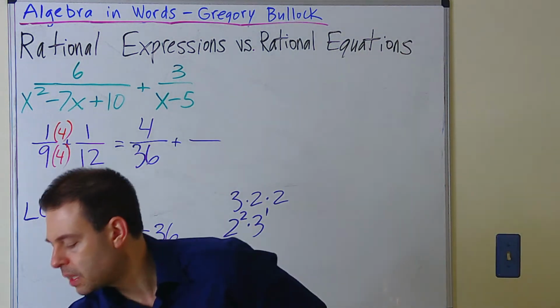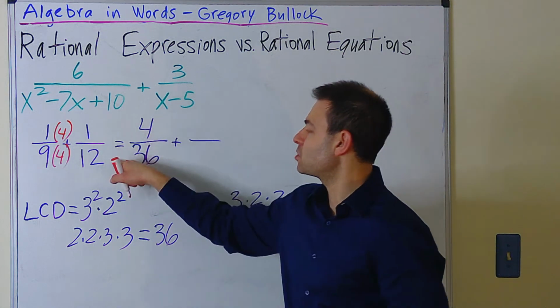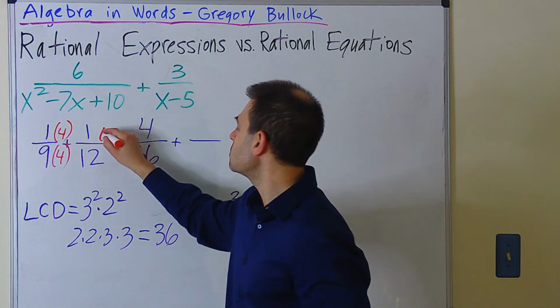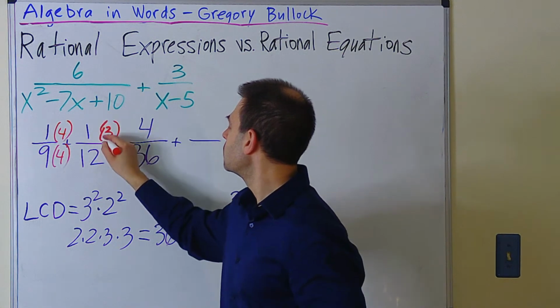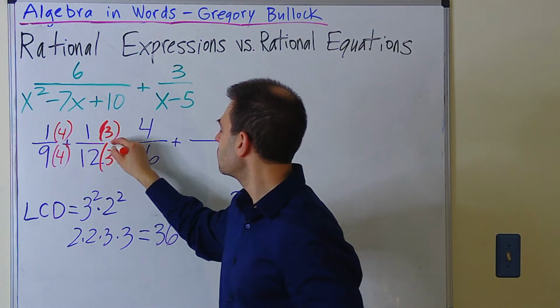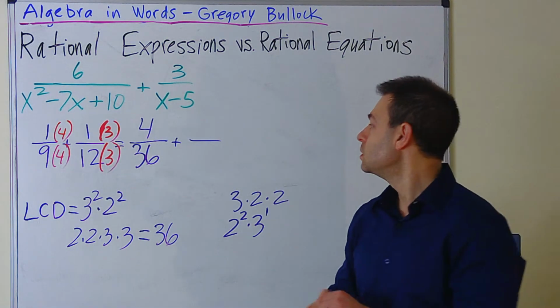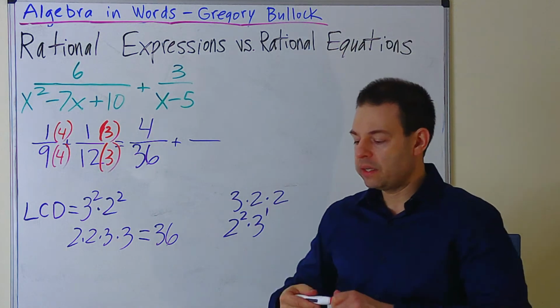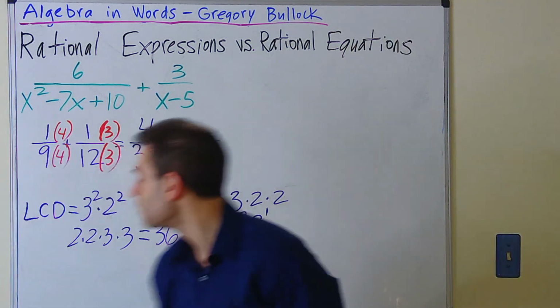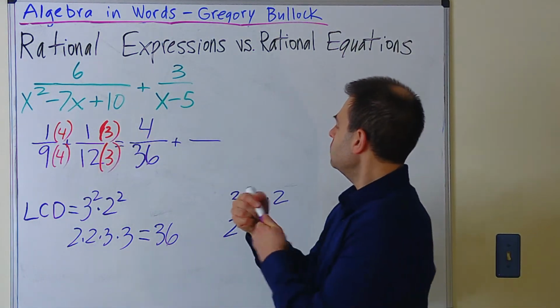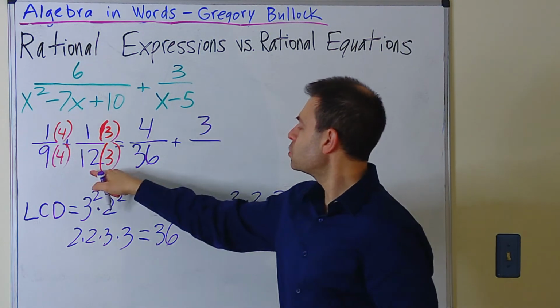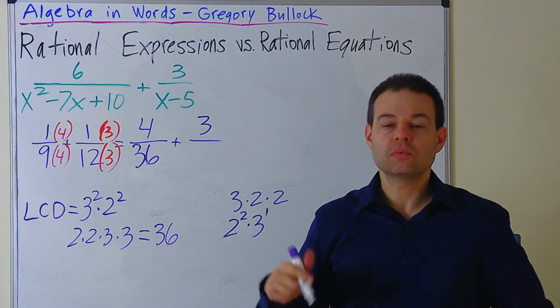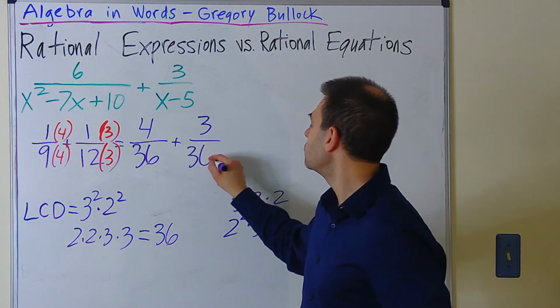So we're going to multiply the top and bottom of this fraction times 3 like this. And now we're going to write what that becomes converted. 3 times 1 is 3, and the 12 times 3 is 36, which is what we intended it to do.